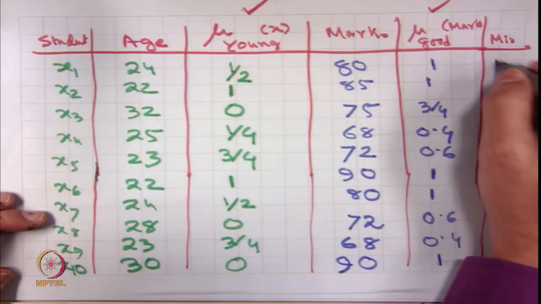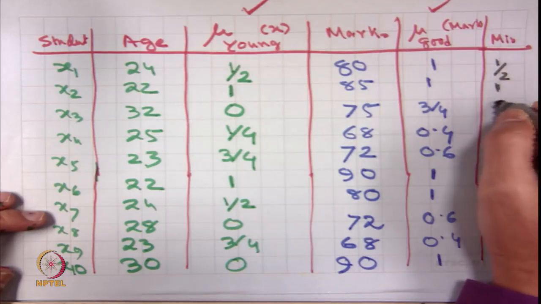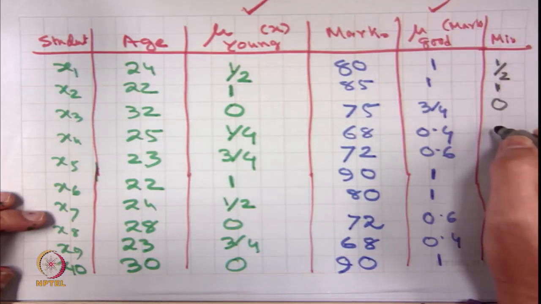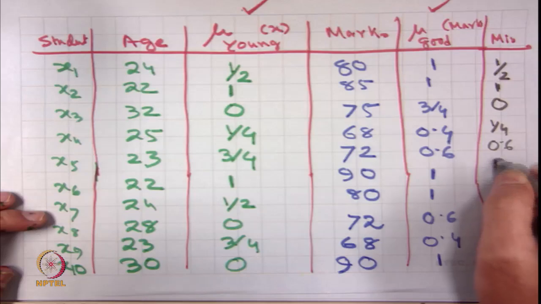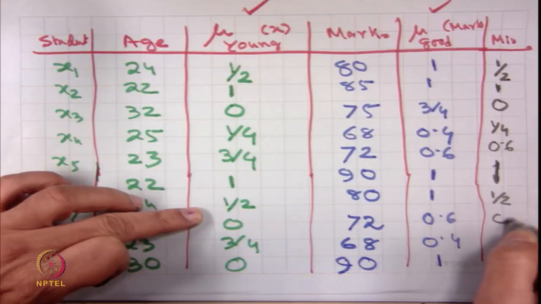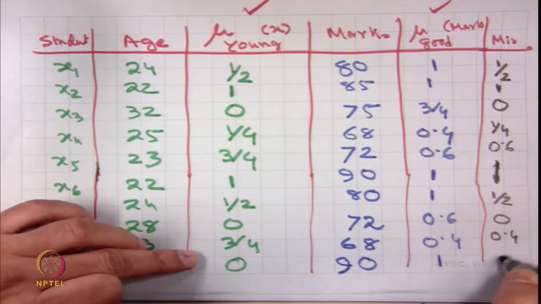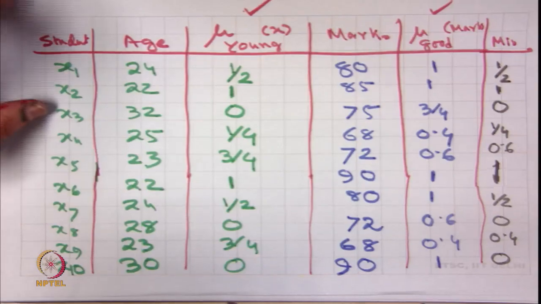So, this is half, this is 1, this is 0, this is 1 by 4, this is 0.6, this is 1, this is half, this is 0, this is 0.4, and this is 0.